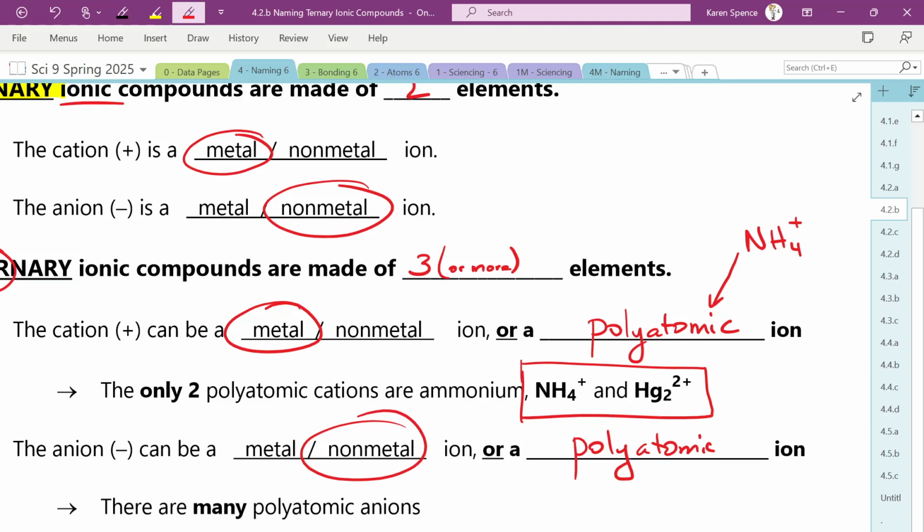Anyone else green sheet? Oh yes, I'll grab one. Yes. Okay.